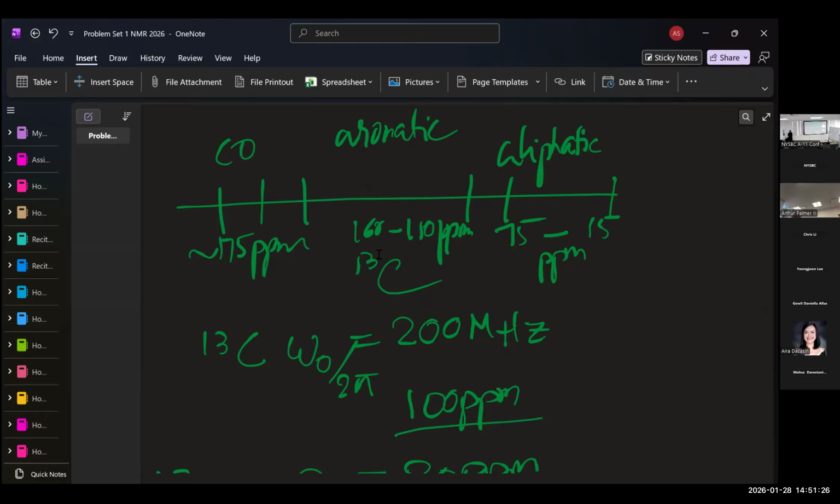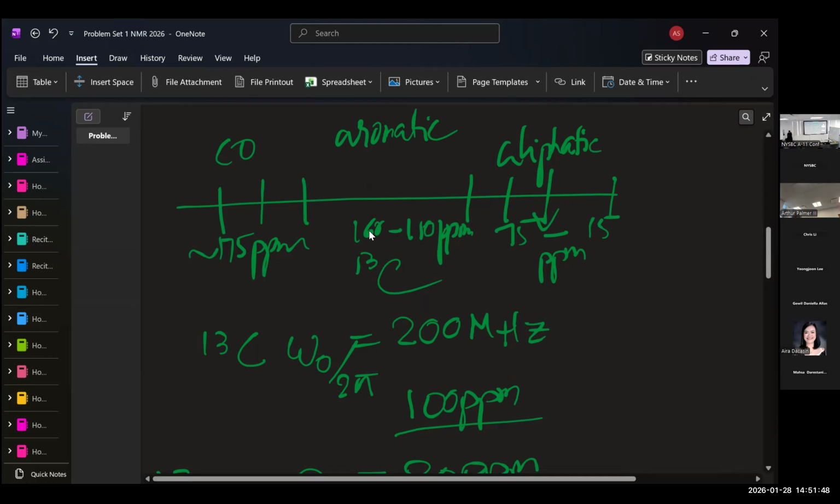Is this making sense? Obviously, on resonance, where your carrier is, you will see a lot of signal. If my carrier is somewhere here, then in the aliphatic region I will have signal. But the question is asking, at a certain offset, you will see no signal.